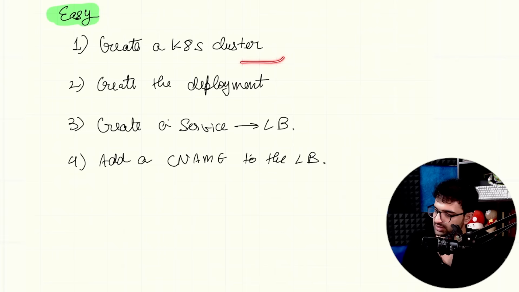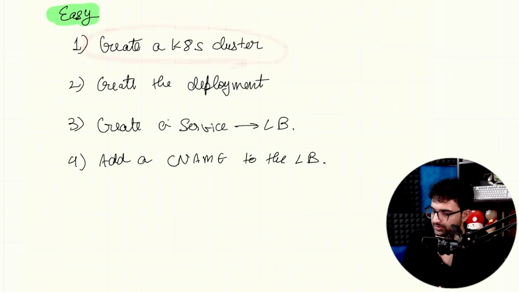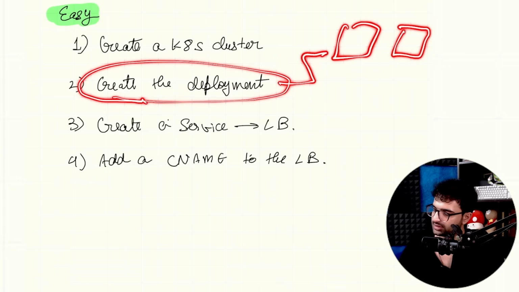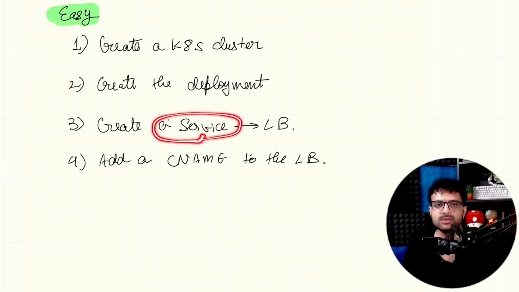Step 1 is just creating a Kubernetes cluster. Think of this as being very similar to you creating an instance on, let's say, Amazon or GCP. Step 2 is creating the deployment. Given that you now have a bunch of instances, how can you deploy your containers on those instances? A deployment lets you do that. Creating a service: given that you have containers running on your machines, how do you expose them over the internet?